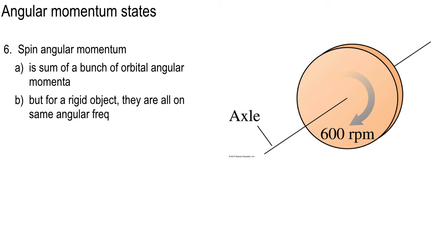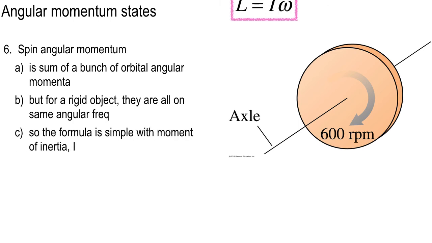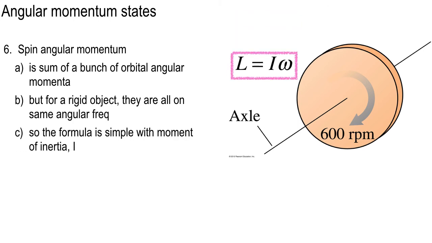Now, I'm injecting a new vocabulary word, moment of inertia, and it is something that I want you to read about in Chapter 5. Your homework is to read up to Chapter 5.5, as well as homework 4.1.